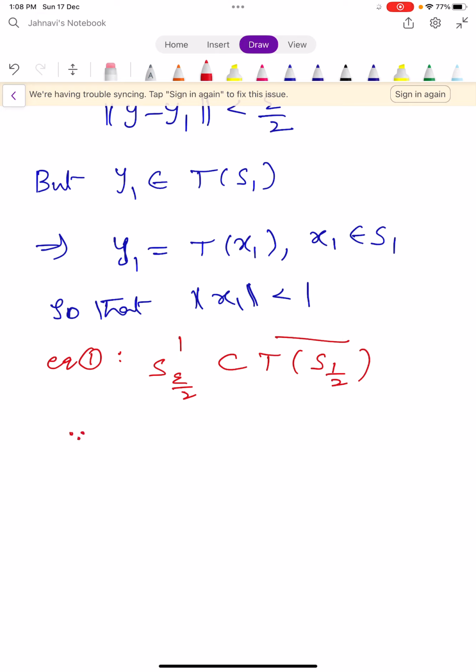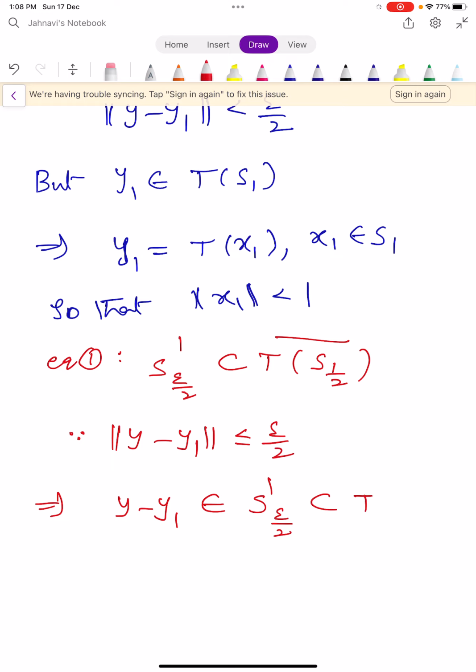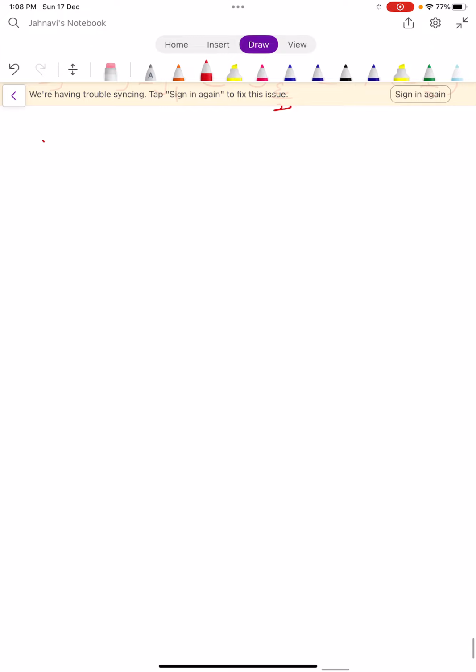And since norm y minus y1 is less than epsilon by 2, this implies y minus y1 belongs to S epsilon by 2 dash, which is a subset of T of S1 by 2 bar. So similarly, there exists a constant.